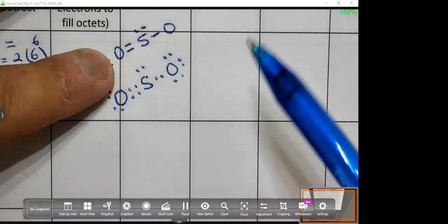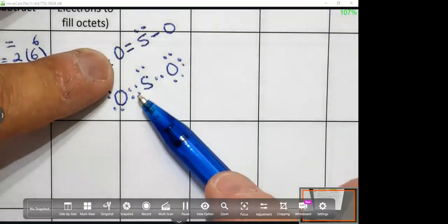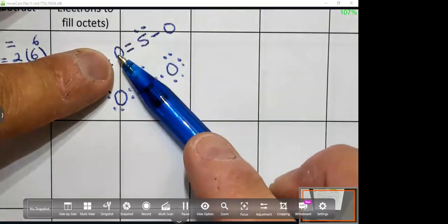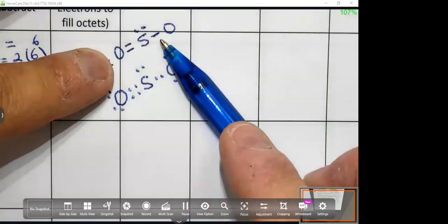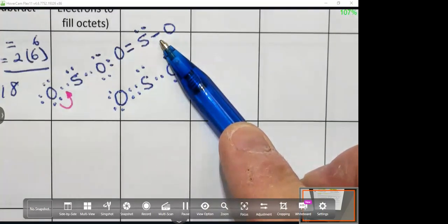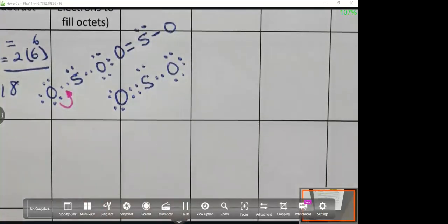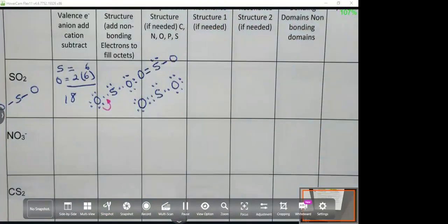The problem is this. The way we drew this out, we would predict that the bond length between this oxygen and this sulfur would be shorter than this bond length. The problem is it's not. This has been verified: the bond lengths are exactly the same. So that brings us to this concept of resonance.